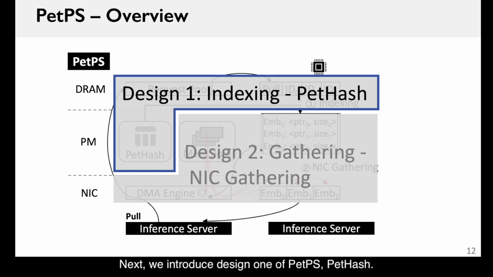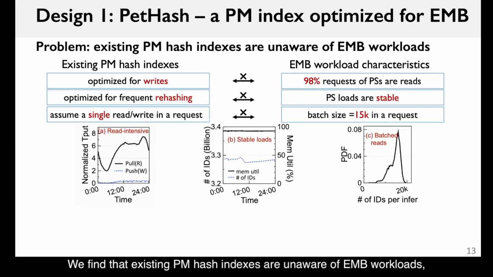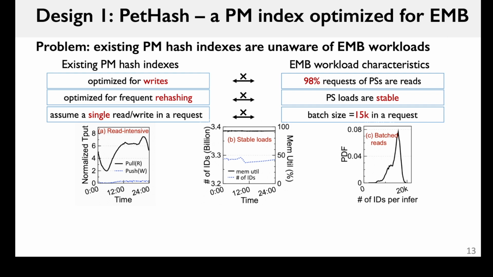Next, we introduce design 1 of PET-PS, PET-hash. We find that existing PM hash indexes are unaware of embedding workloads, thus losing many optimization opportunities. For example, existing indexes mostly optimize writes, where 98% of the embedding loads are reads.